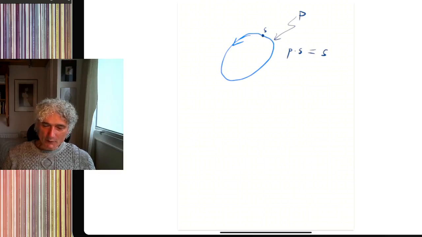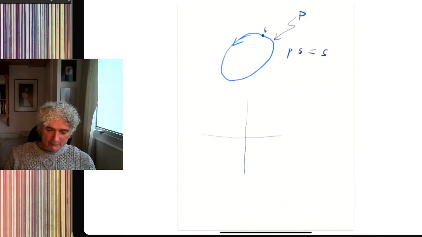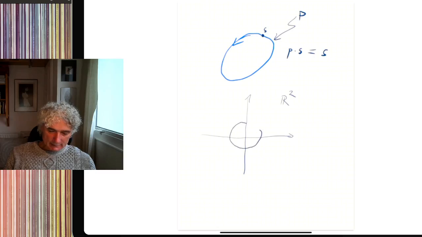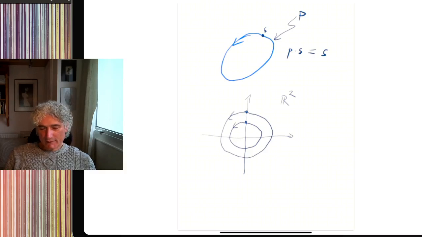A very important, maybe the most important two-dimensional system, orbit for a two-dimensional system is the harmonic oscillator. What you have here is R2, and you start here with some initial condition here or here, and then you go around the orbit, and for every initial condition, for example here on the y-axis, so if this is x and y, you come back to the same point.